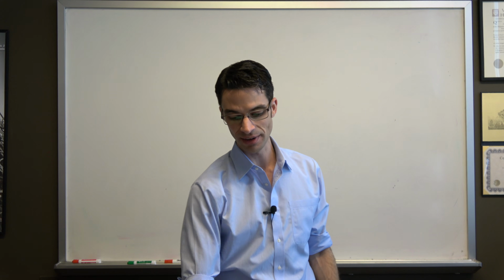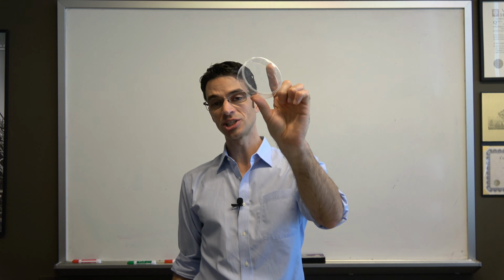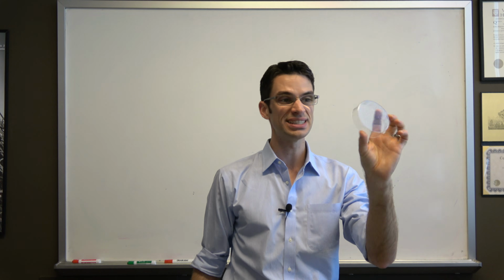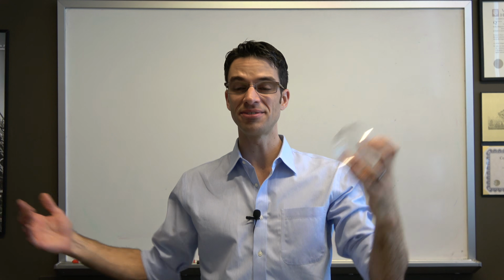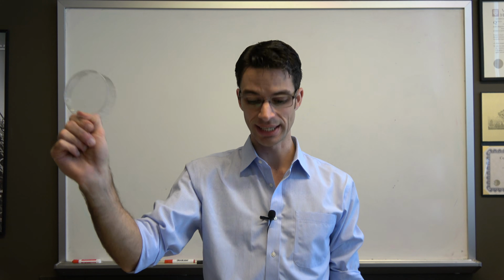In the case of a polymer sample, for example, this polystyrene dish could be, I don't know what the exact number is, but you have probably 10 to the 15 molecules in this one object.